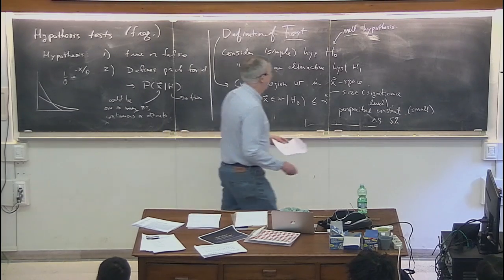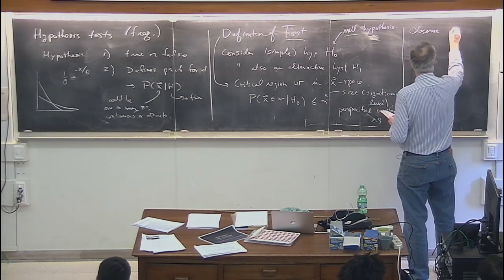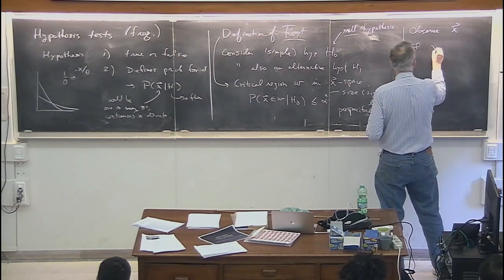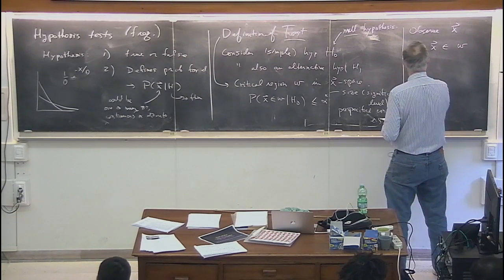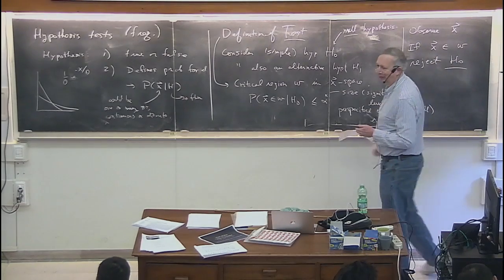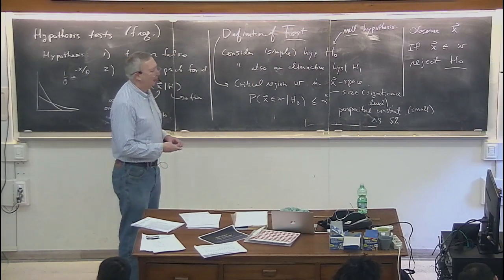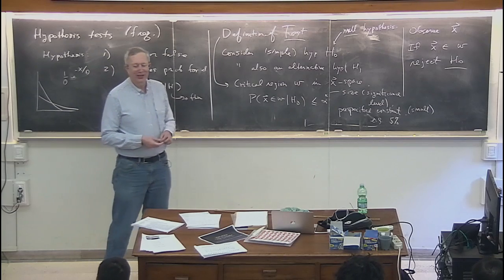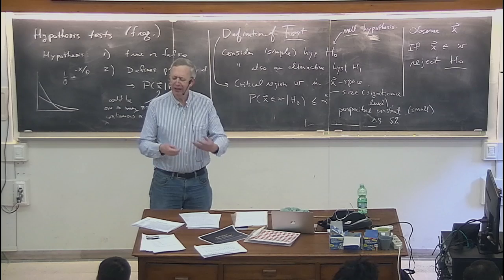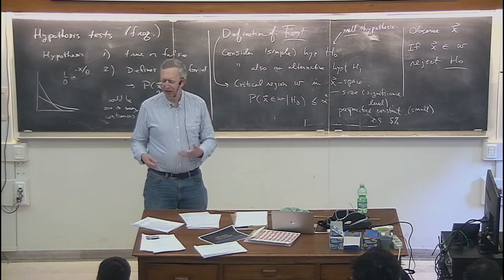Right. Then next, observe the data. All right. You do the experiment, and you say if X is in the critical region, reject H0. Done. Okay. So that's easy. Why does that make sense? Well, obviously you want to reject H0 if it produces an outcome which in some sense seems unlikely or uncharacteristic.